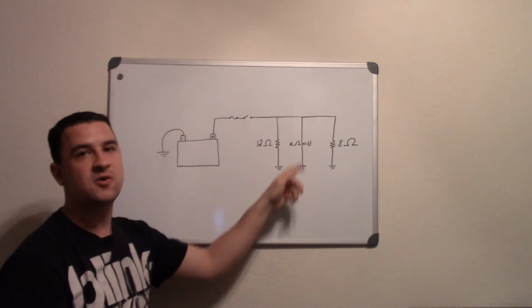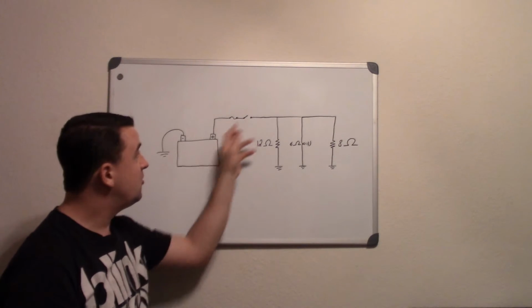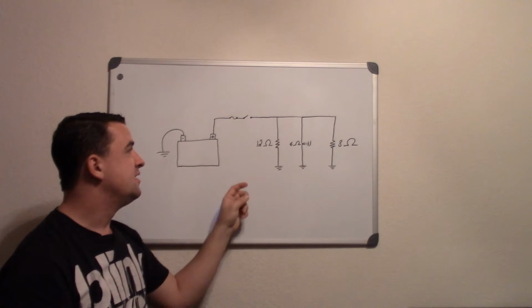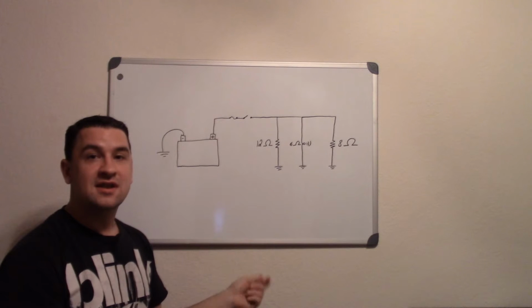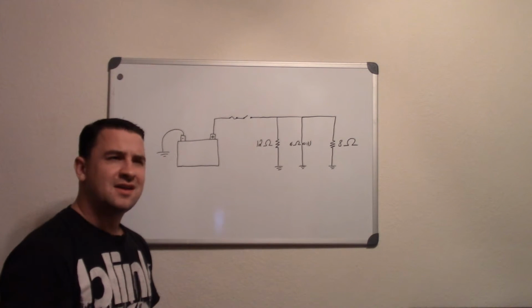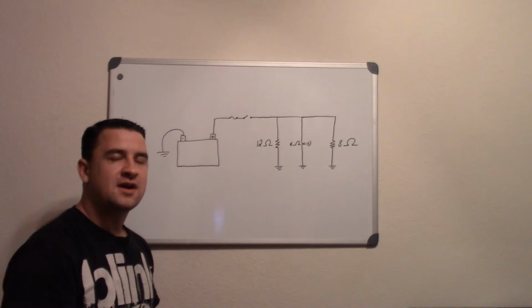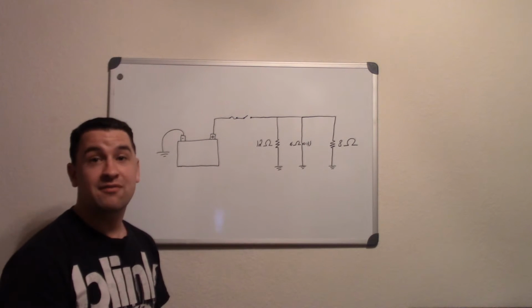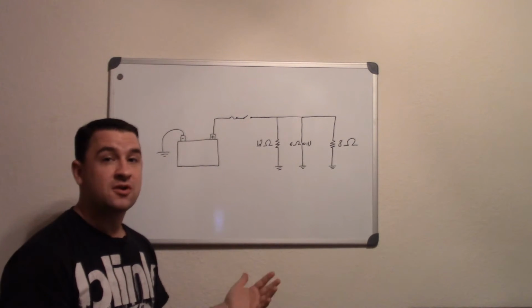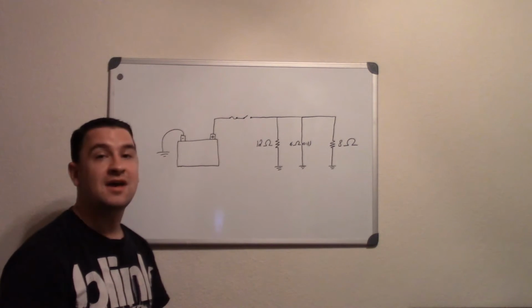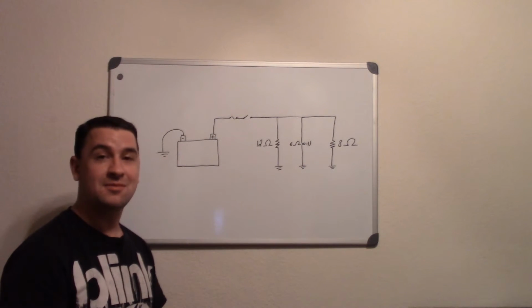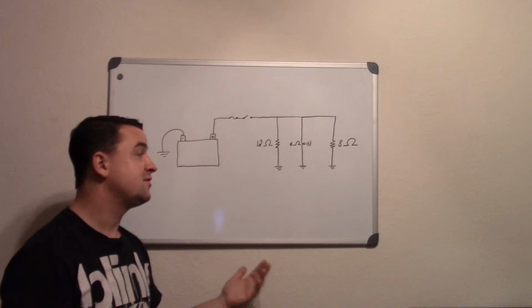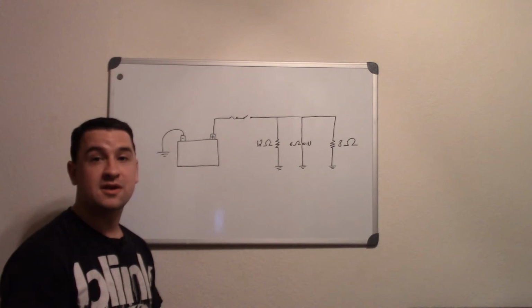It has 6 ohms, so the overall circuit resistance is actually less than 6 ohms. It can be kind of confusing, but to have more current flowing overall, you have to have less resistance. That's just one of the characteristics of parallel circuits.